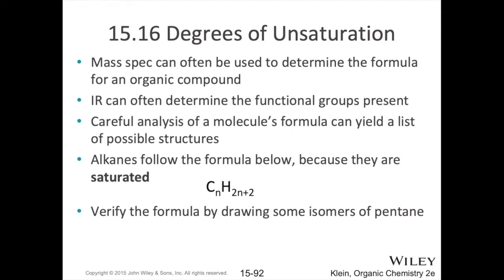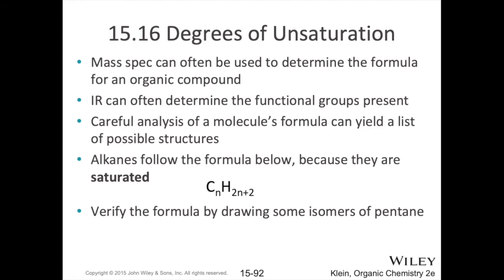If you recall, alkanes are saturated hydrocarbons because they have the maximum number of hydrogens attached to their carbons. Alkanes don't have any double or triple bonds, because that would imply that you could do a hydrogenation reaction where you add hydrogen across those double bonds and increase your number of hydrogens. That's why alkenes and alkynes are known as unsaturated.